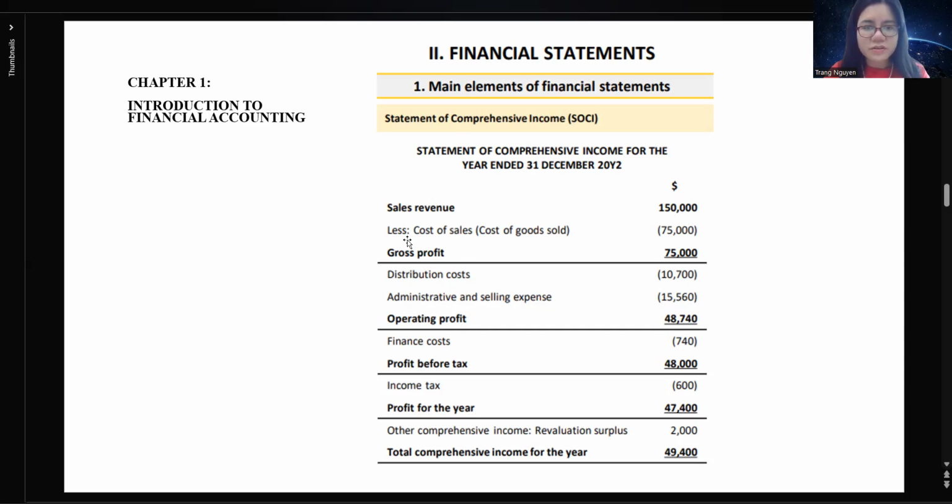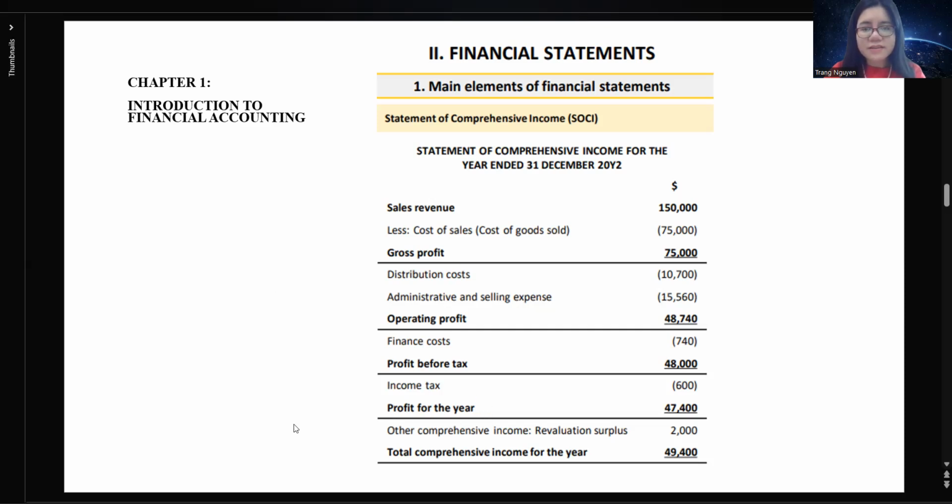After we deduct the distribution costs and administrative and selling expenses, we will come to operating profit. And then we will minus finance cost to come to profit before tax. And then we will deduct the income tax to get the profit for the year.